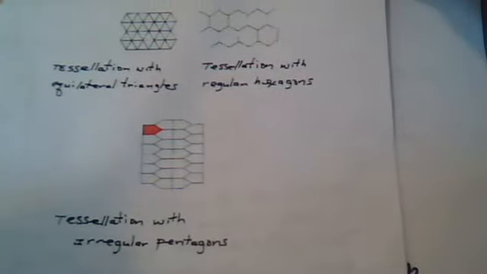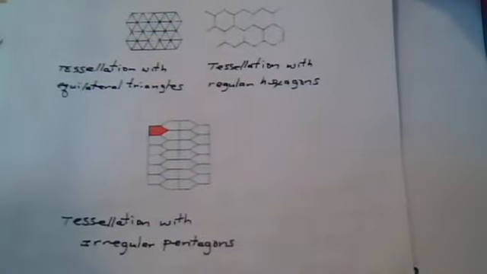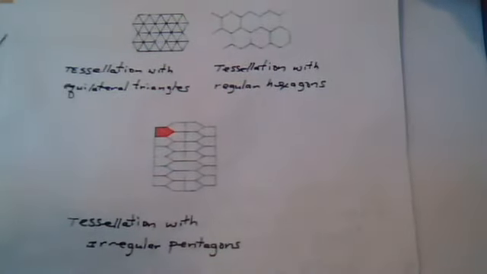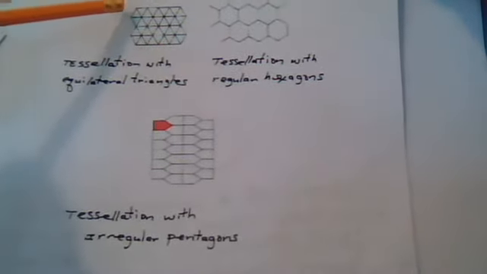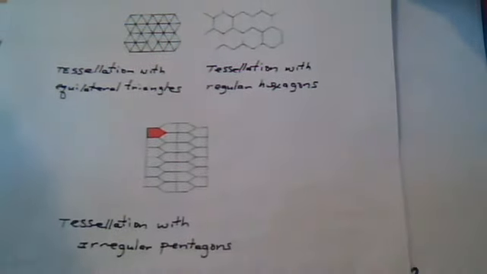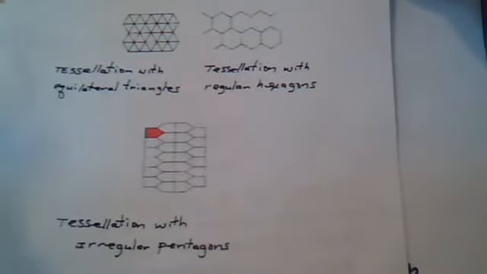So what is the requirement so that a polygon can tessellate a plane? What is the requirement such that if you put polygons next to each other, there will be no overlaps or gaps?